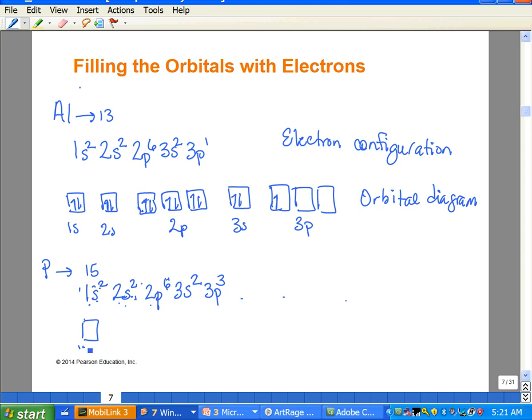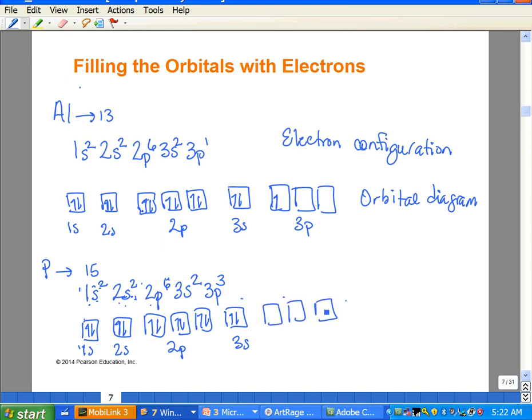So 1s in the orbital diagram is going to have 2 electrons. 2s is going to have 2. 2p is going to be filled singly, and then we go back and double them up, for 6. 3s is going to have 2. And 3p is going to have 3.